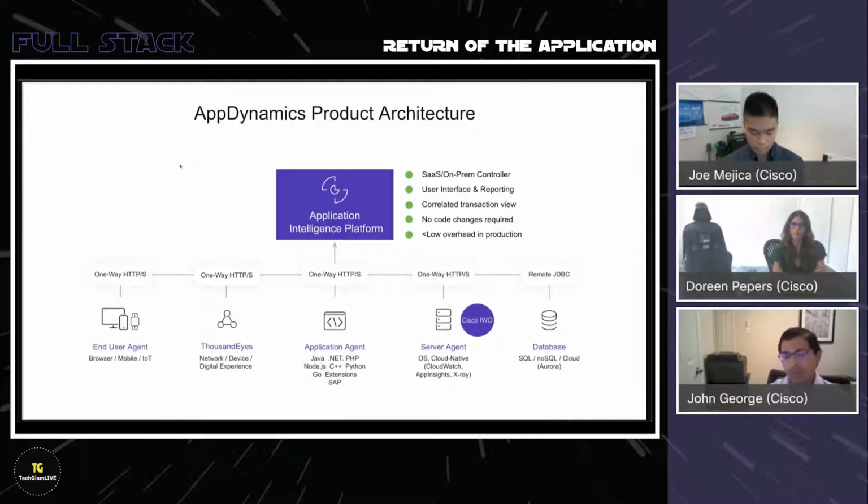We have machine or server agents that sit on the underlying infrastructure to gather metrics from the underlying operating system and the infrastructure. We have network agents, similar to the infrastructure agent, that gather metrics from the network side from an application perspective. And at the end, we have database agents monitoring your backend databases to see how that's performing and if there are any bottlenecks there.